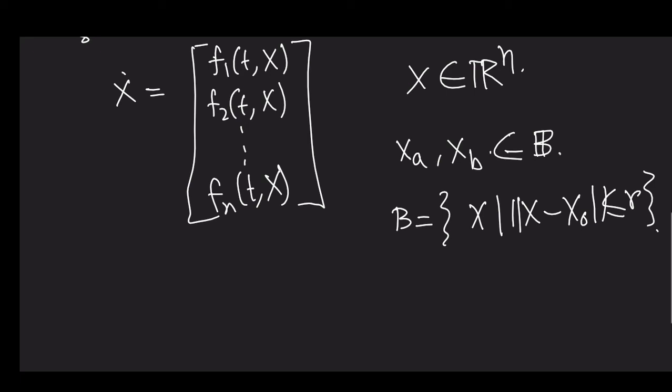Then basically what you are saying is that for all f1, f2, fn, you are picking two points, or even your two extreme cases when the two points are very far away.